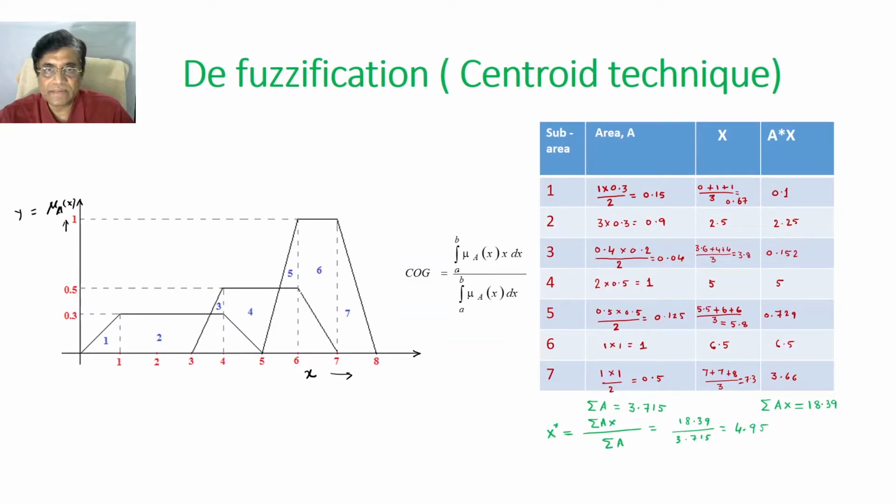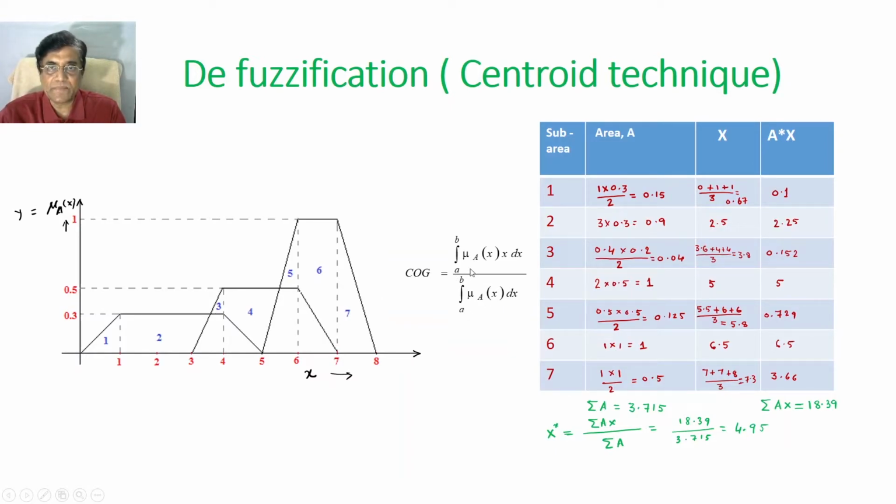The formula for this is very intuitive. Center of gravity. You are thinking that these are my areas, and say they have some mass, and then center of gravity means if I hang it, then it will hang around that point. So we are trying to figure out that point, which is very easy.